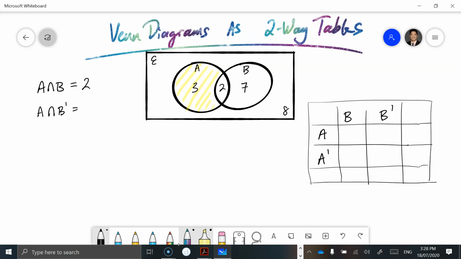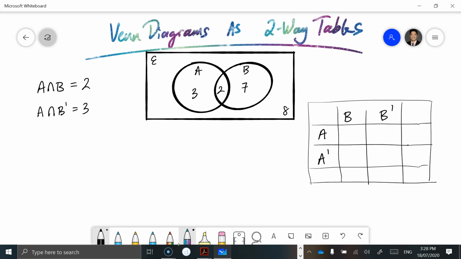It belongs to A, but it doesn't belong to B, because this 2 belongs to B, that 7 belongs to B. We don't want that, we want to exclude it. So that is going to be equal to 3. So A, 3, and 2.